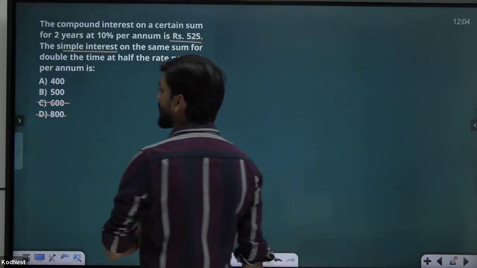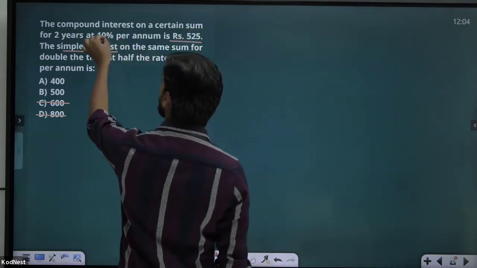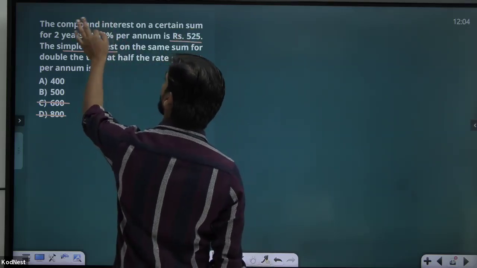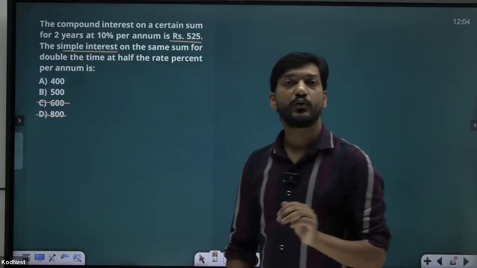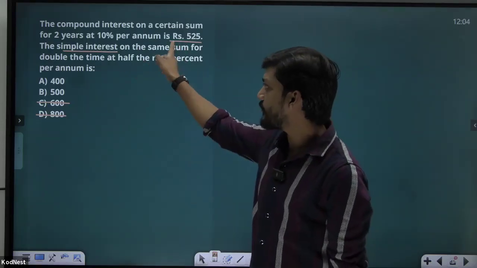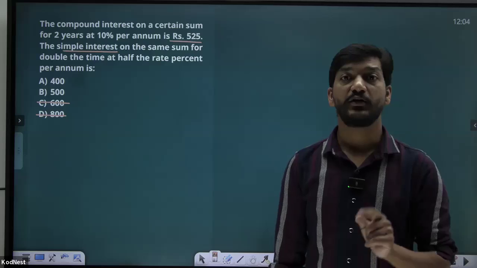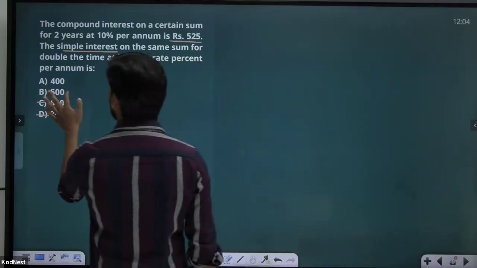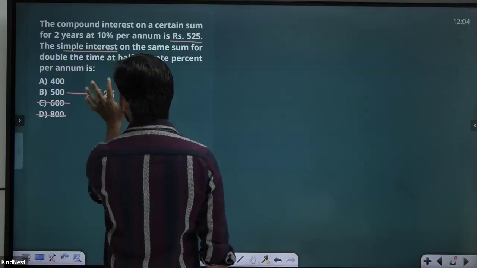So 600 and 800 are not even possible. Okay, so two options are possible. 400 is very far from this, because the rate of interest is 10%. Not too little, but the time is only 2 years. In 2 years, you will not see a huge difference. A difference of 125 you will not see in 2 years. So it is not 400. You have to start with 500, and 500 will give you 525 compound interest.